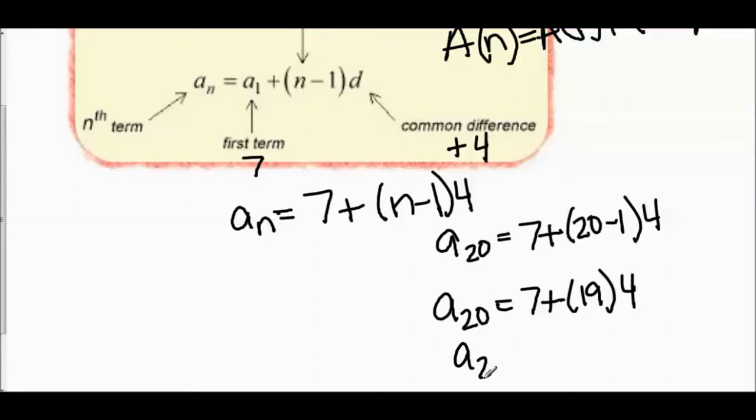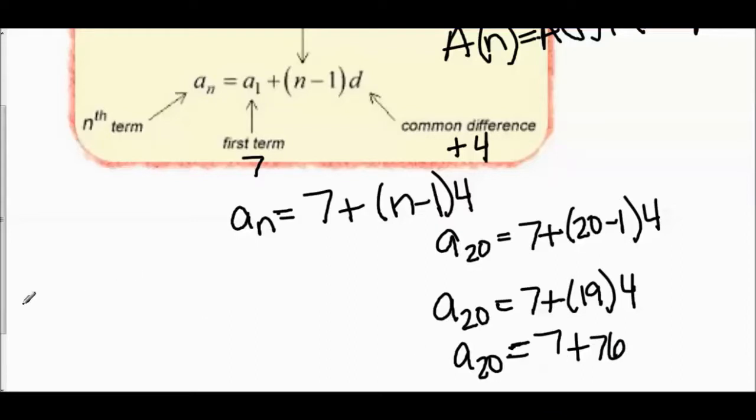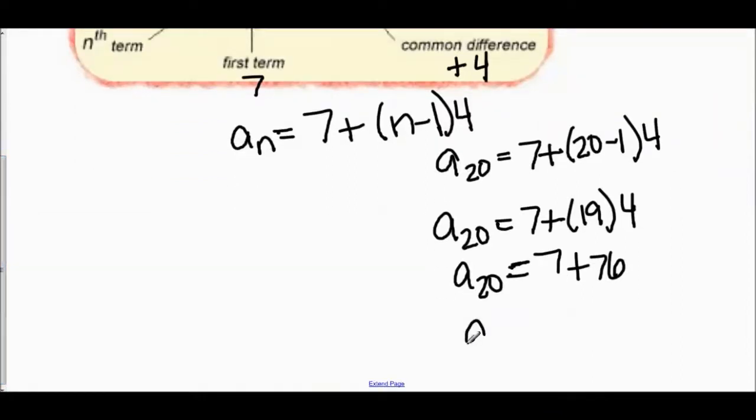A of 20 is equal to 7 plus 19 times 4. Let me think, 20 times 4 is 80, so minus 4 would be 76. So the 20th term would be 83.